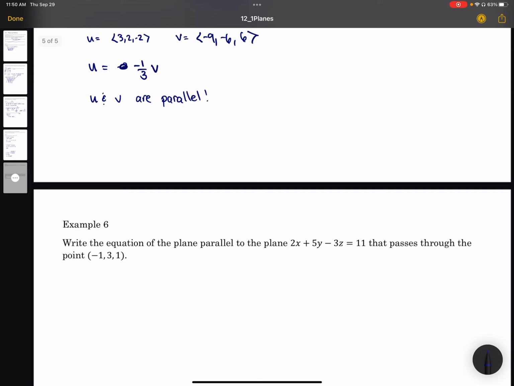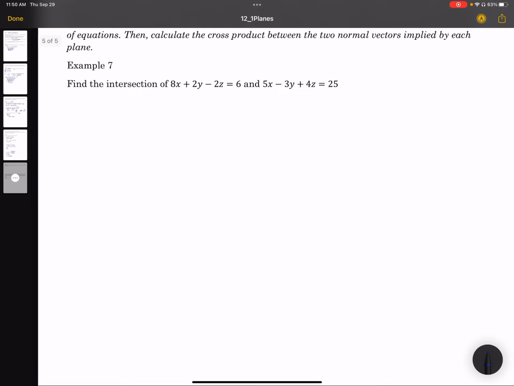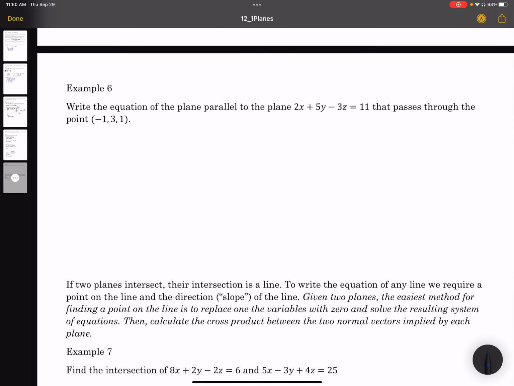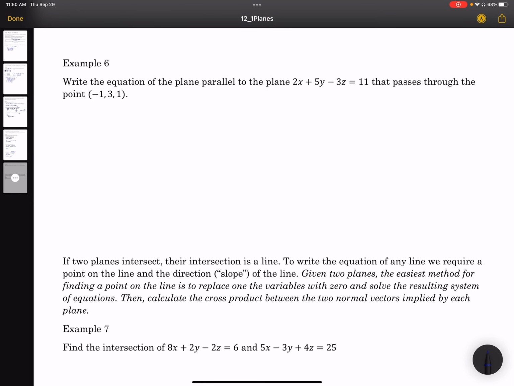All right, the next to last thing is we have to find the equation of a plane parallel to this plane that passes through the point -1, 3, 1. So imagine we have a plane here. A plane parallel to it is either going to be above or below it.